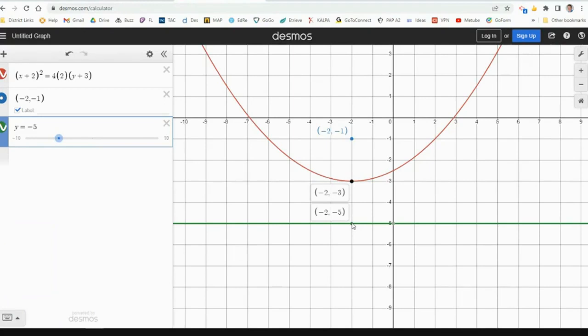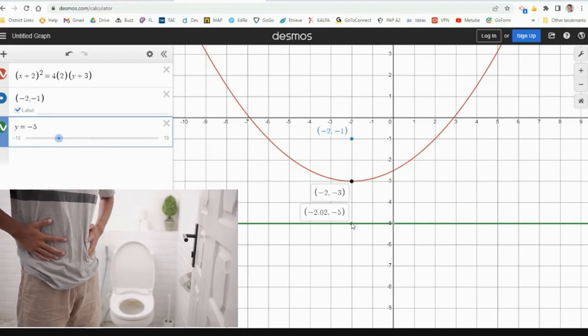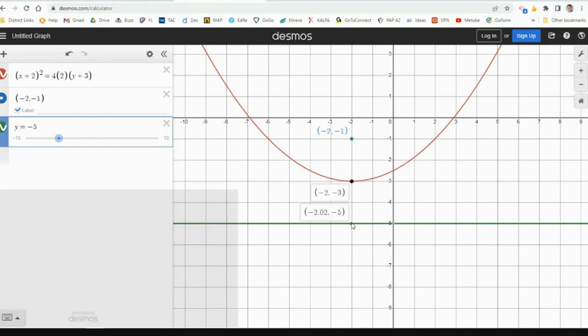It should be halfway between the focus and the directrix, and that distance is P. So the distance from the focus to the directrix is 2P, because it's P down to the vertex and another P down to the directrix. So it's 2P. 2P or not 2P, that is the question. No, that's the answer. 2P is the distance between the focus and directrix.